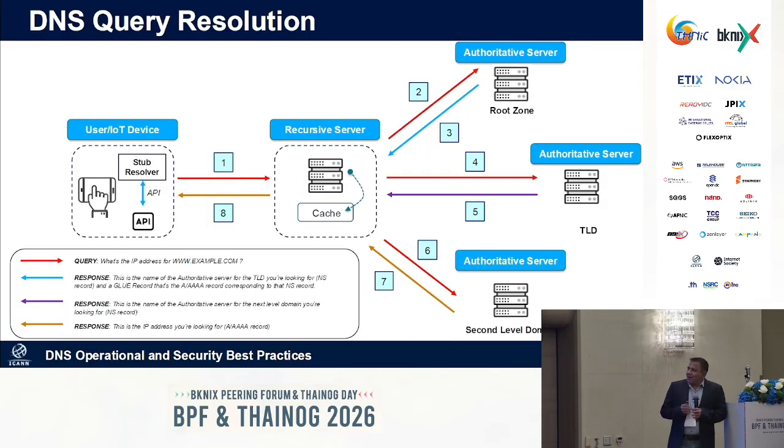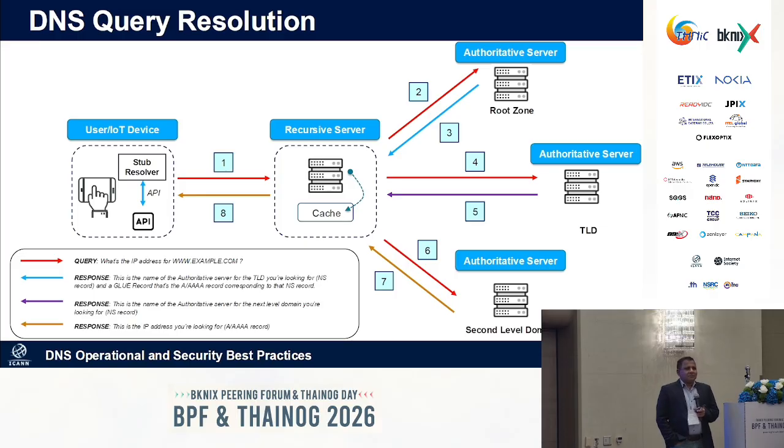Speaking of the DNS, this is how DNS queries work. If you are a client, your query goes from your client device to a resolver, typically operated by the network operator. Then the query goes to the authoritative name servers. At the top of the DNS are the root name servers, and ICANN also operates one of them, the L root.